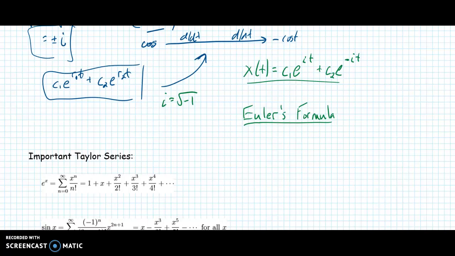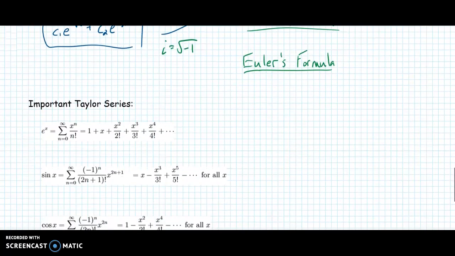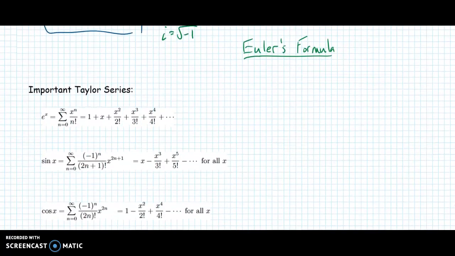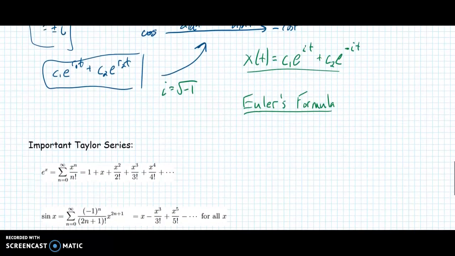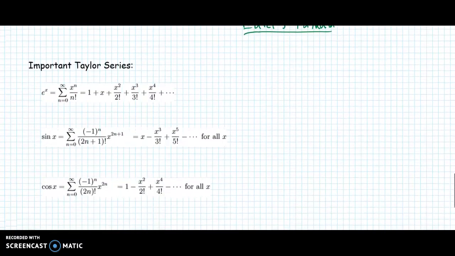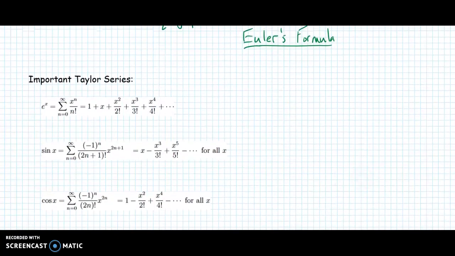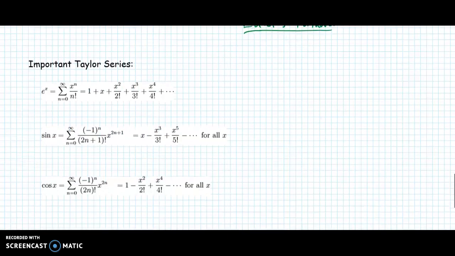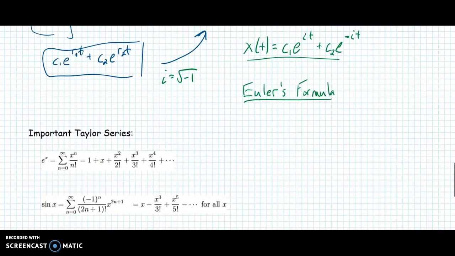There's like literally books written about just this formula. And you can do so many things with it. What it does is it takes imaginary numbers and turns them into things that we can actually work with. And it goes way beyond just use in differential equations. It's so ridiculously useful. From our perspective, we use it whenever we get these imaginary roots.